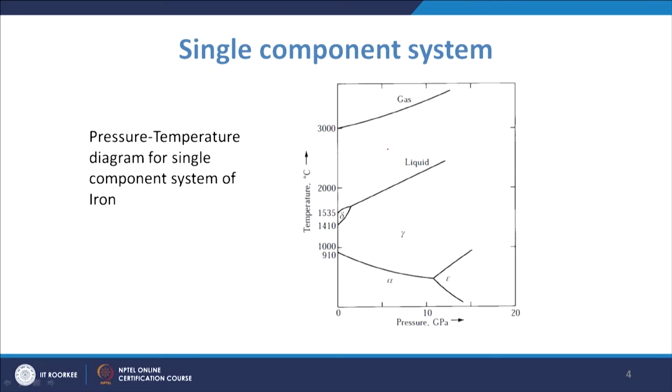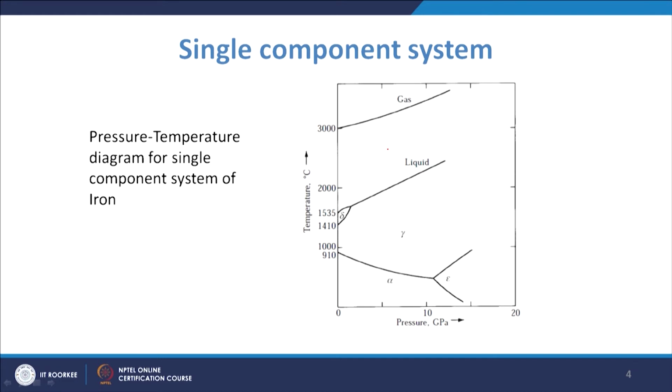When you are in this region, P is 1 and this is a single component system. So with phase 1, the degree of freedom will be C minus P plus 2. C is 1 and P is 1, so F is 2.